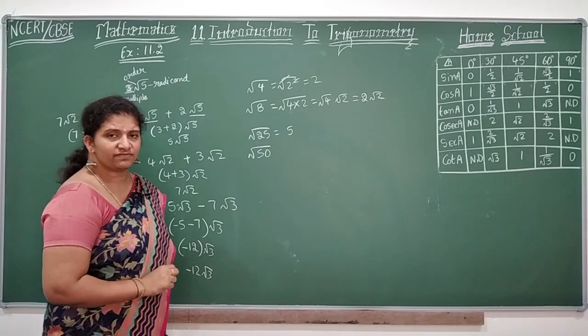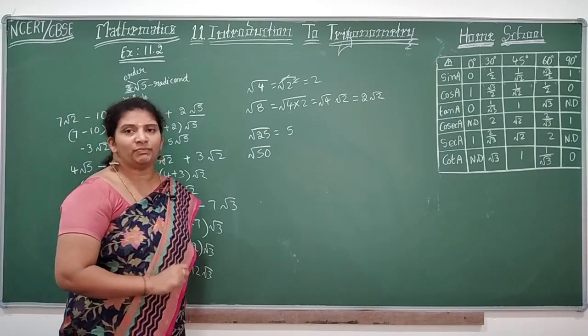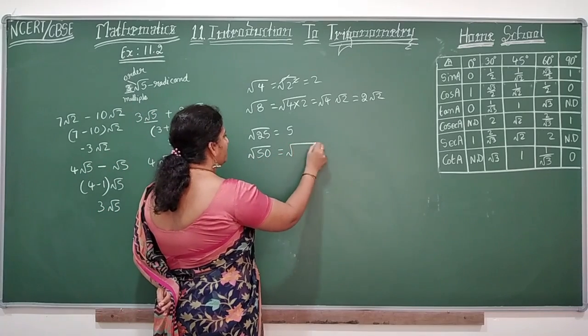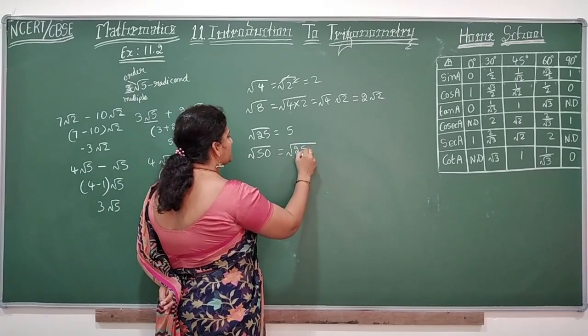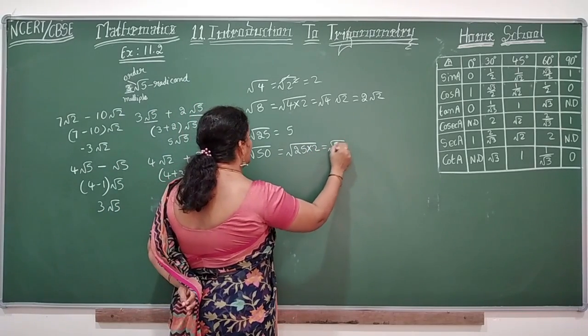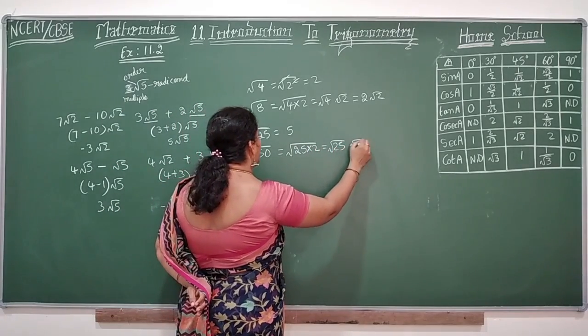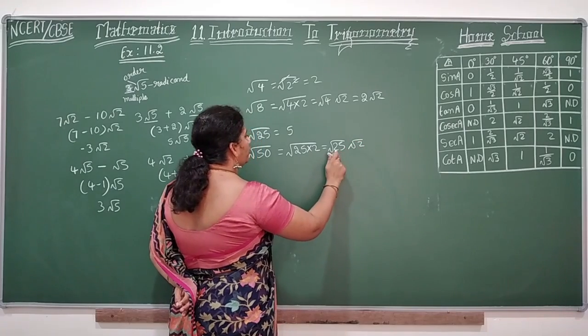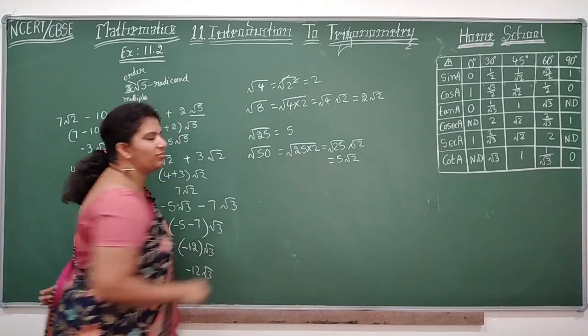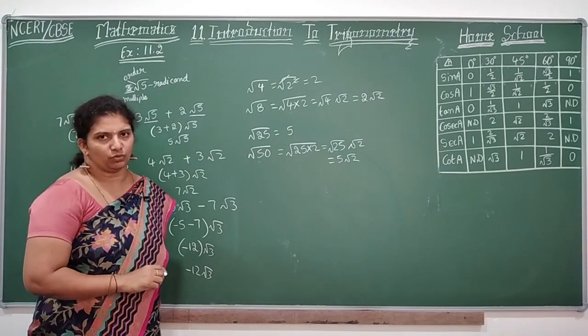How do you write this 50? 50 is not a perfect square. So 50 can be written as 25 twos are 50. Split this out: root 25 into root 2. Root 25 value is 5 root 2. Root 50 can be written as 5 root 2.